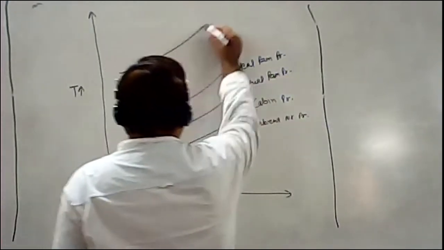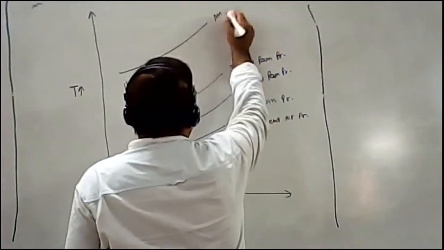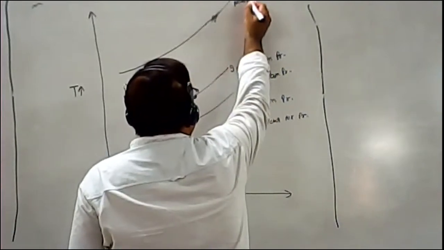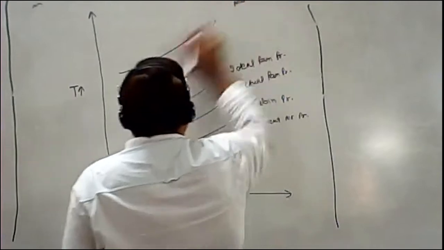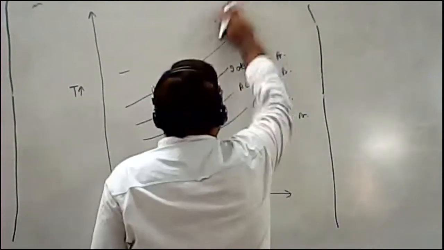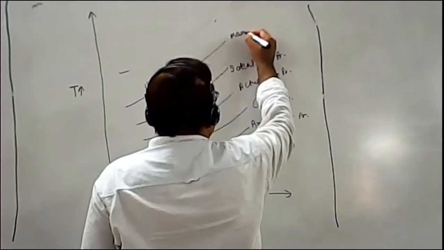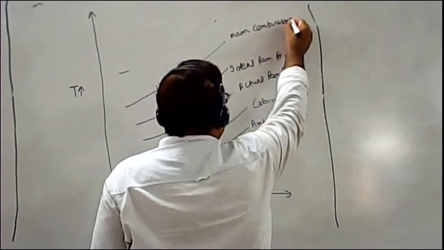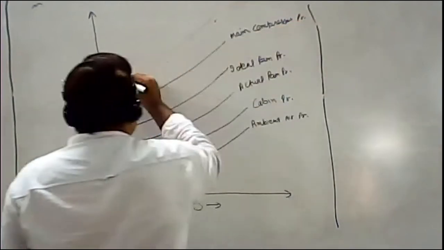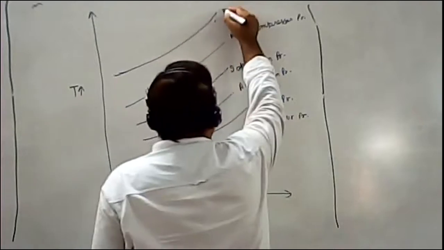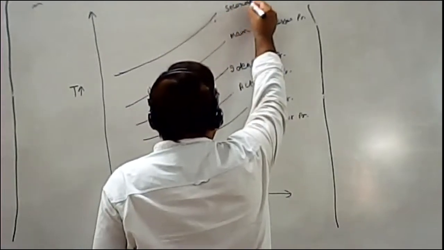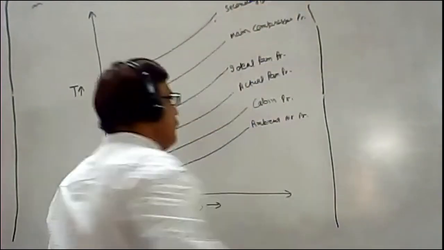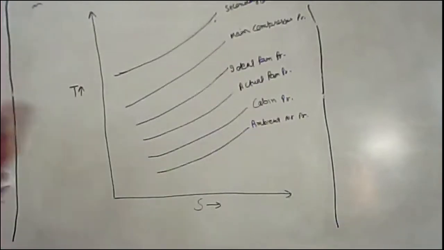Next, this is the pressure line, this is your main compressor line, look at it here. This is the pressure line, and this is your secondary compressor pressure. So all these pressures are there.